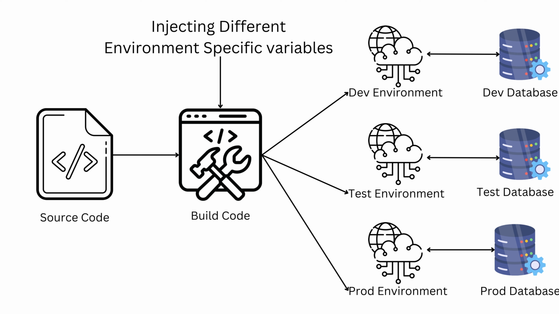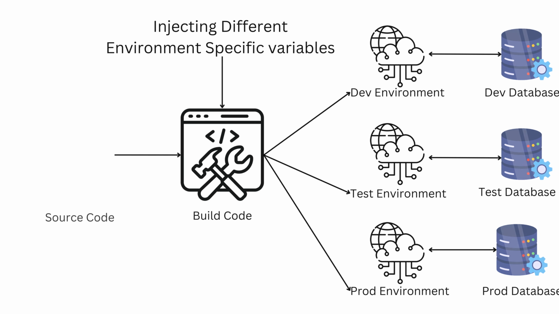Since we are still in the development phase, we can use the .env library to run our Node.js REST API by injecting different environment variables, and also it is very easy to have all those specific variables in a separate file so that it can be easily changed and easily maintained. And let's get into implementation.